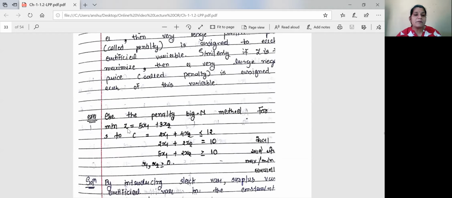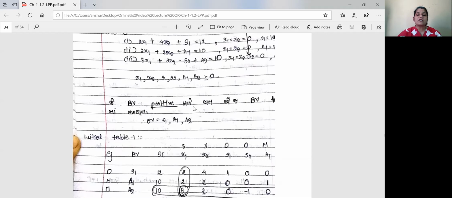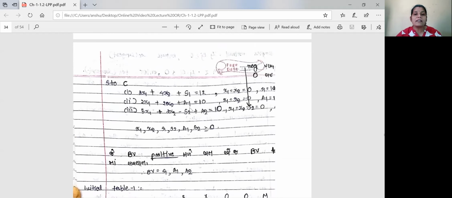This equation is in minimization form. Then we write + Ma1 + Ma2, because in this question we use two artificial variables a1 and a2, and according to the big M method, the artificial variables have coefficient plus M in a minimization equation. And if our question is in maximization form, then the coefficient is minus M.